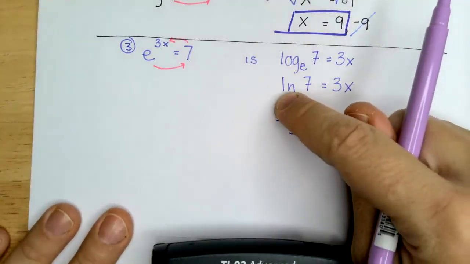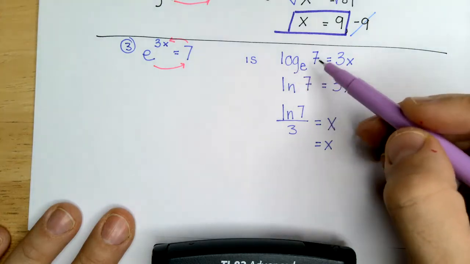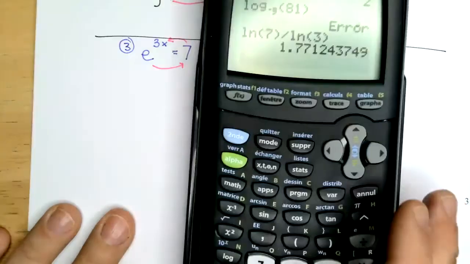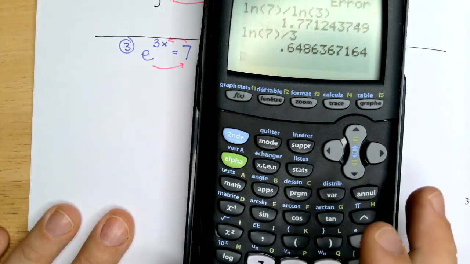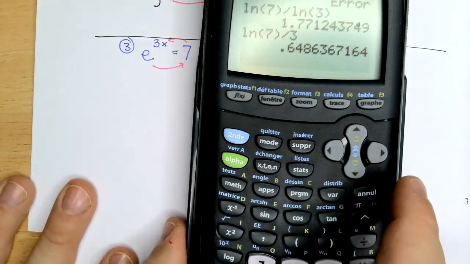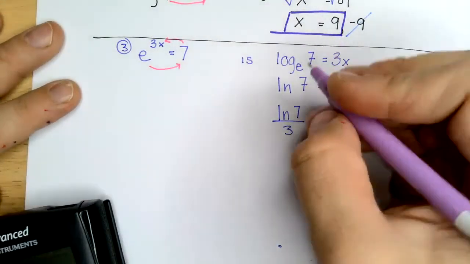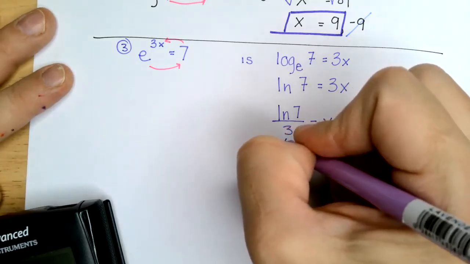I thought it was ln 3. So natural log of 7 divided by 3 is 0.6486367164. If you want an exact answer, you just give them that. If they want a rounded answer, you say 0.649.